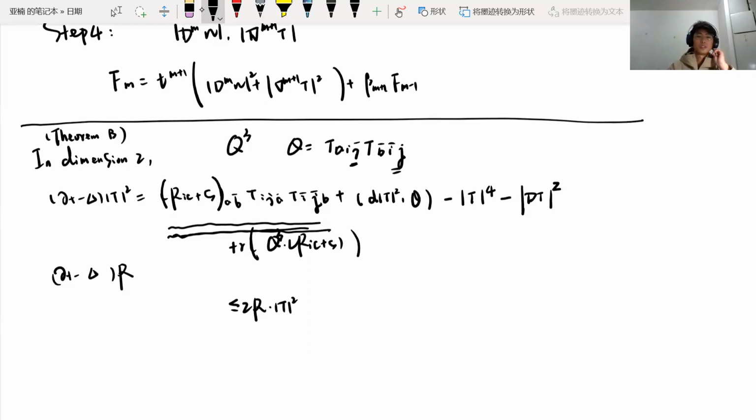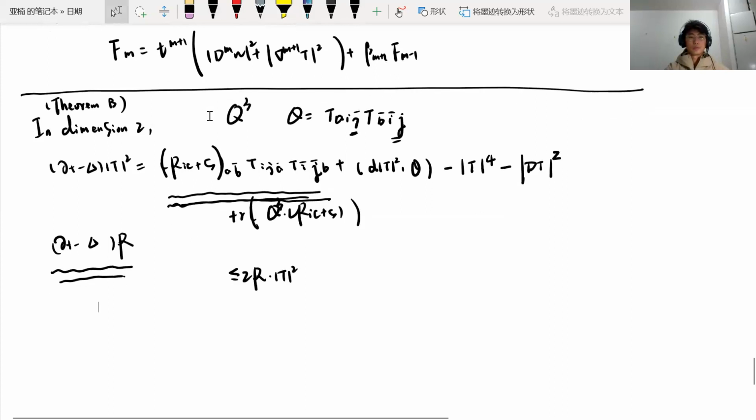The difficulty is that if one eigenvalue is positive and the other is negative, then this one cannot be bounded by the scalar curvature. But we have another equation, this equation. Maybe we can show that if the scalar curvature is bounded, then the torsion is also bounded.